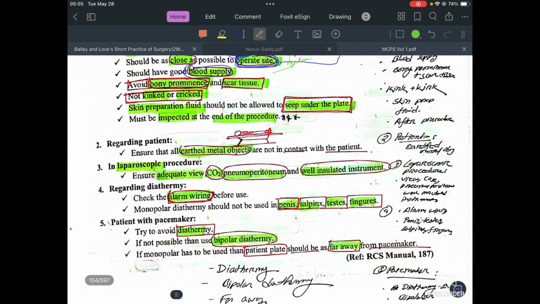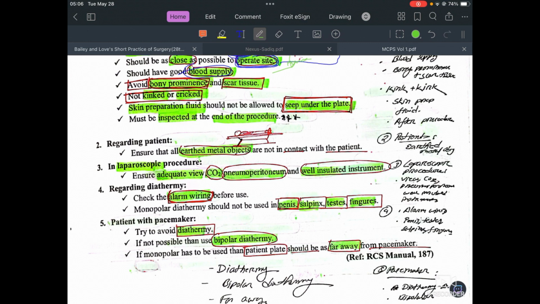Monopolar diathermy should not be used in the penis, fingers, testes, and so on. In these four areas we should be very meticulous not to use monopolar diathermy, because these are end arteries. For a patient with a pacemaker, try to avoid diathermy, but if it is not possible, then use bipolar diathermy. If monopolar has to be used, then the patient should be far away from the pacemaker.